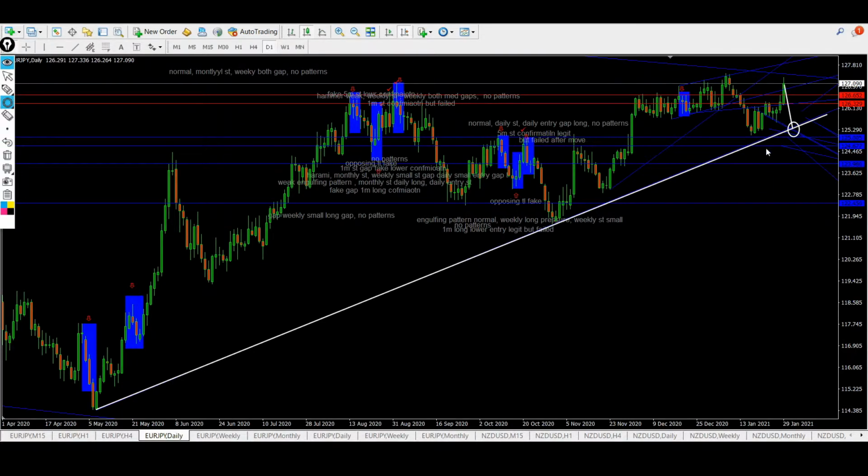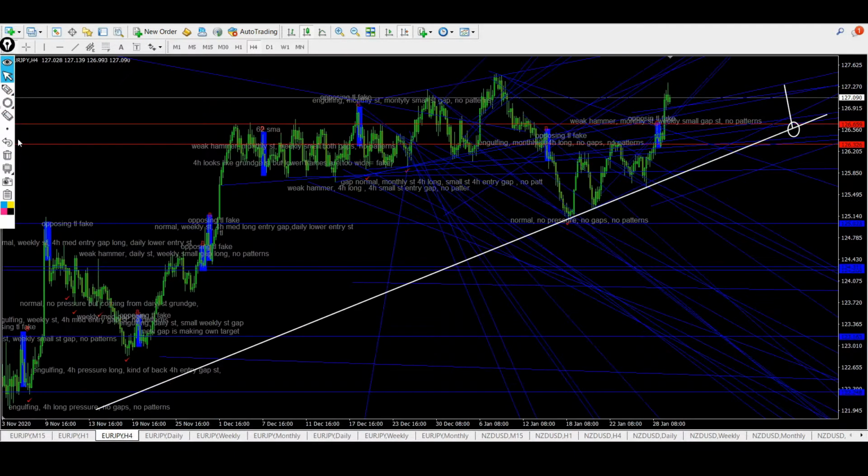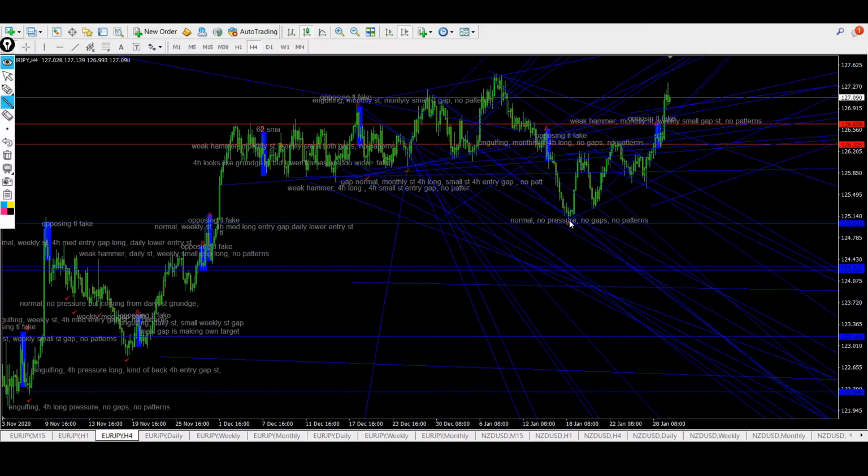However, if you look at the 4-hour chart, price began to respect this trend line right here, and price went up, went through many targets and gaps. Now, it still hasn't touched that weekly target high, so possibly we could still get that pullback down.